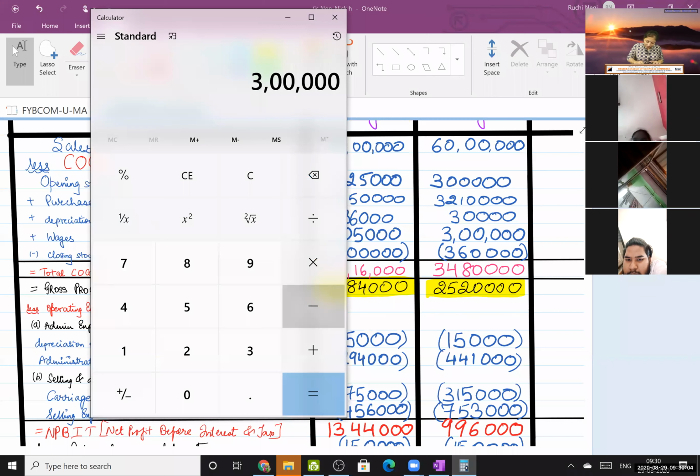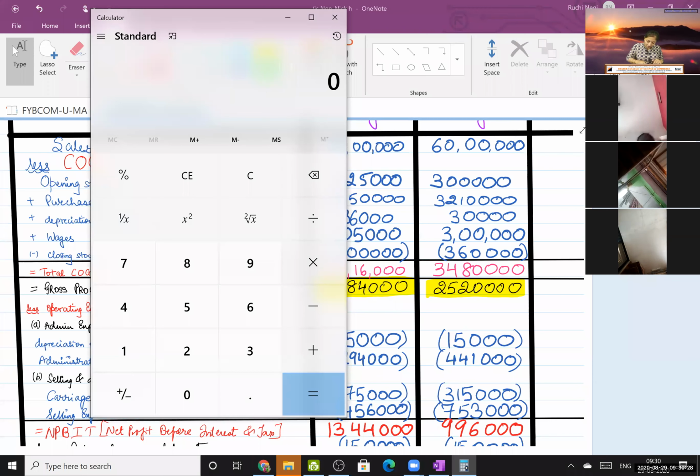3 lakhs plus 32 lakh 10 plus 50,000 plus 3 lakhs minus 3 lakh 60. 34 lakh 80. This is right. Minus 60 lakhs. 25 lakh 20. This is also right.